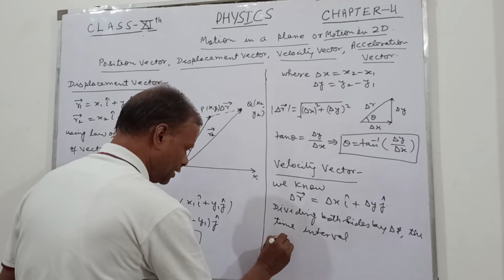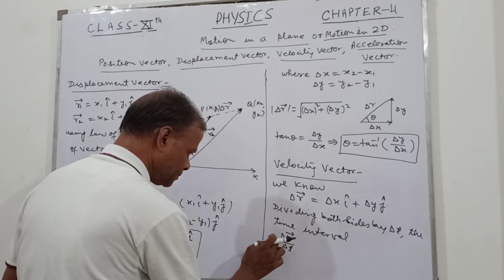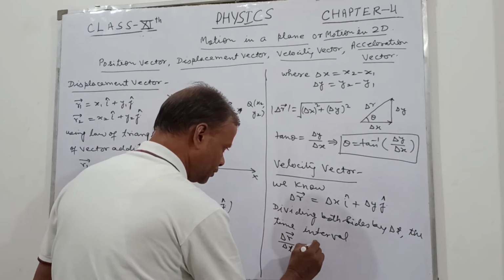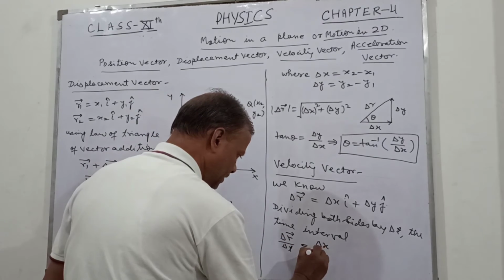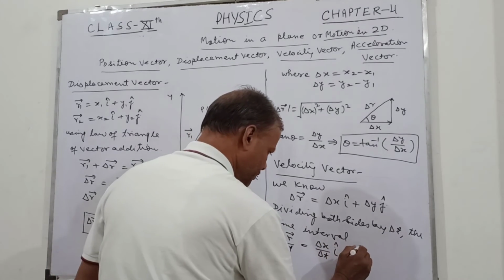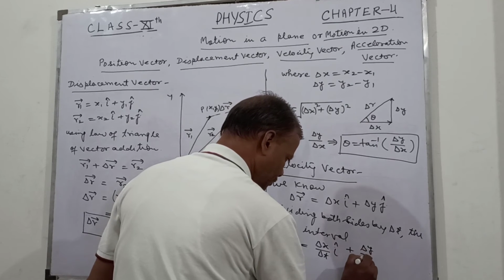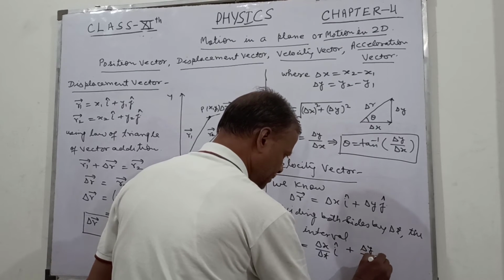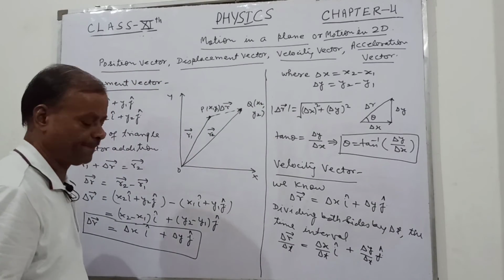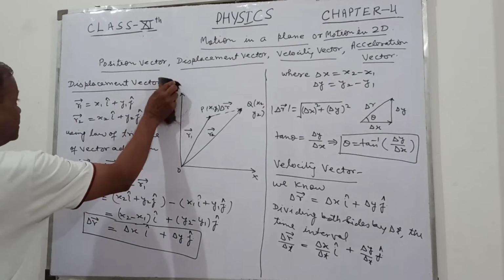Delta R upon delta t is equal to delta x upon delta t into i plus delta y upon delta t into j.